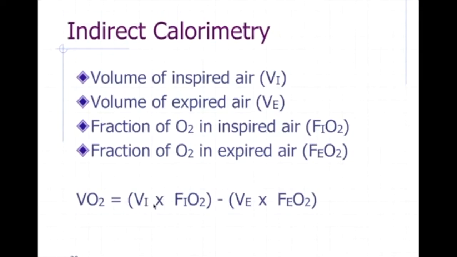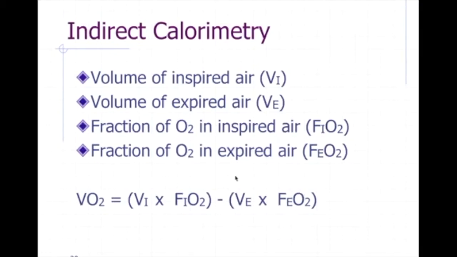We multiply our inspired air by the fraction of O2 in the inspired air, and subtract from that the volume of our expired air multiplied by the fraction of O2 in the expired air.